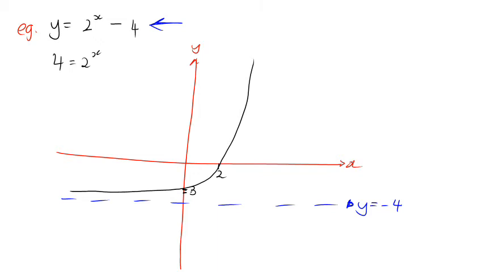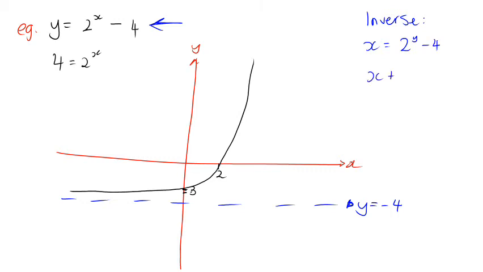Well, first you need to find the actual equation of the inverse. To find the inverse, we swap the x and the y. So x equals 2 to the y minus 4. We take that 4 over.